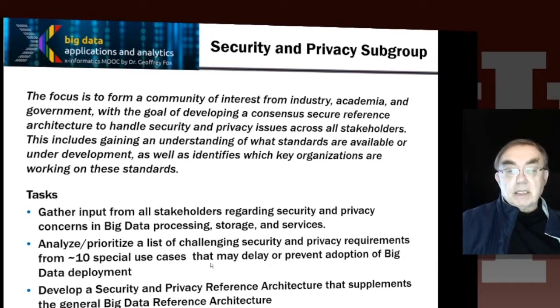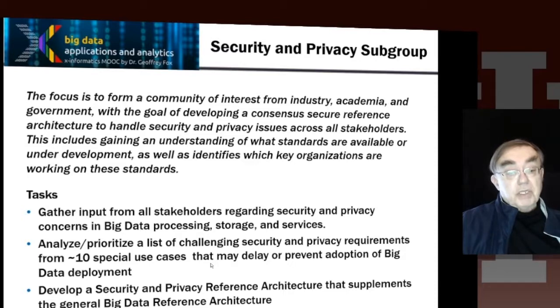So it has exactly the same generic requirements, and then its tasks are basically to look across the various stakeholders, the users and the providers and the developers, and get all the different security and privacy concerns in all aspects of big data. Try to analyze them in terms of special challenges, classify those challenges, and look at the round 10.